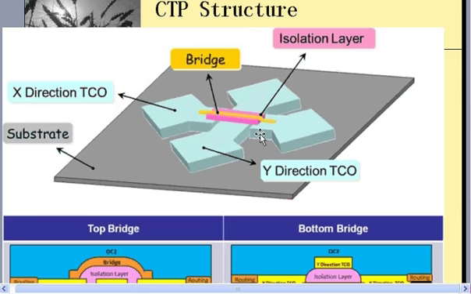And you can see that when the finger touches this area, the controller can sense the capacitance change between this electrode. Actually, this electrode should be very close.